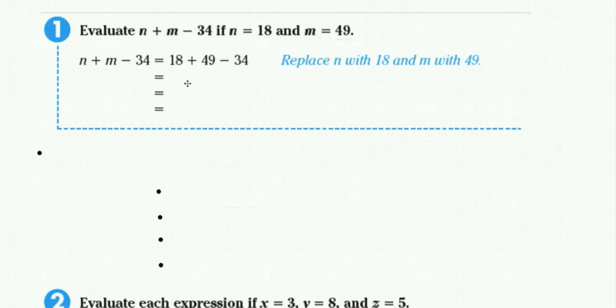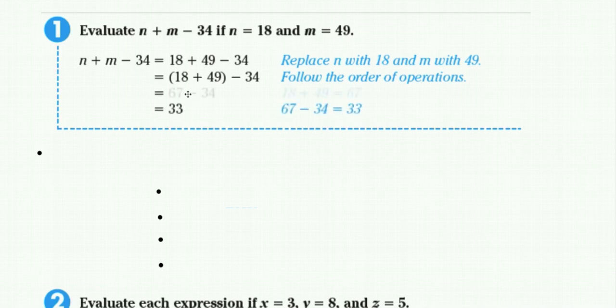Then using the order of operations, we go from left to right. We add 18 plus 49 first, minus 34. Okay, we end up with 67 minus 34, or 33. So the value of n plus m minus 34 if n equals 18 and m equals 49 is 33.